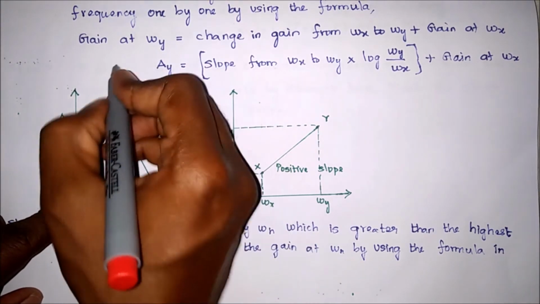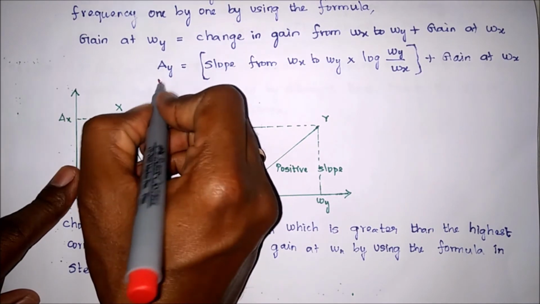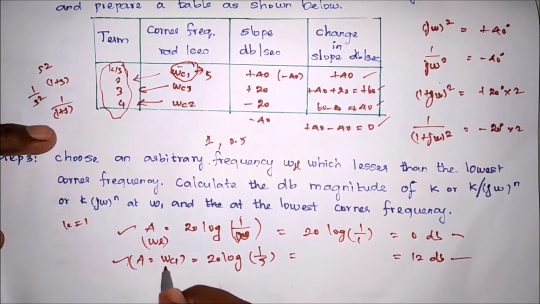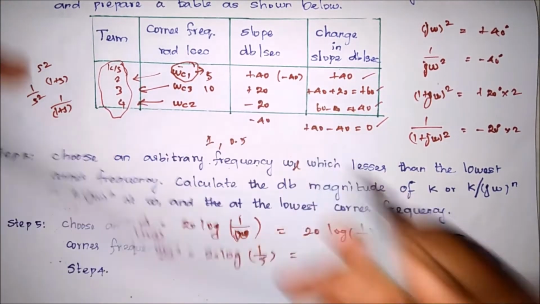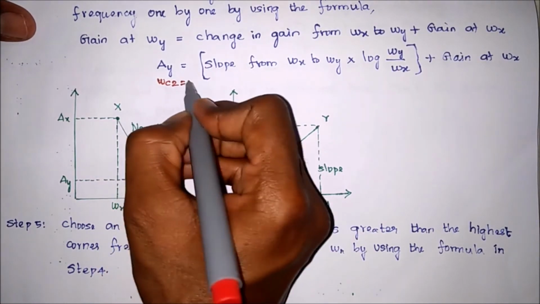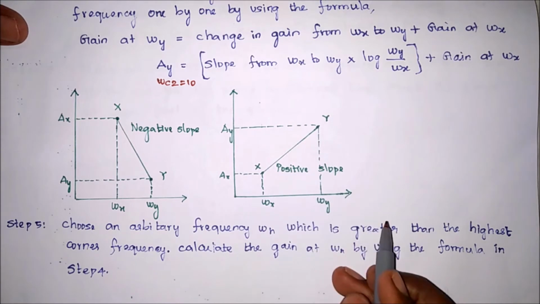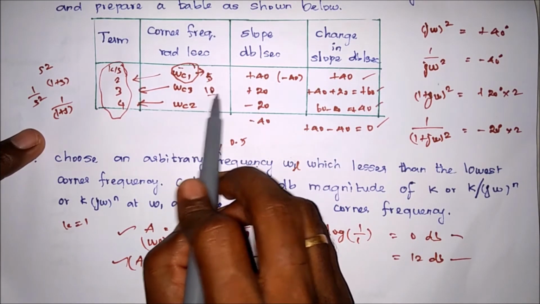For example, now we are going to calculate the magnitude in decibel at omega C2. So in the previous step we have calculated up to omega C1, it means for 5. Next suppose 10 means, so for omega 2 equal to 10 we have slope from x to y. So what is the slope from this to this? 5 to 10, we consider 10.